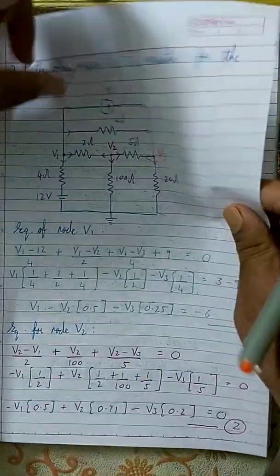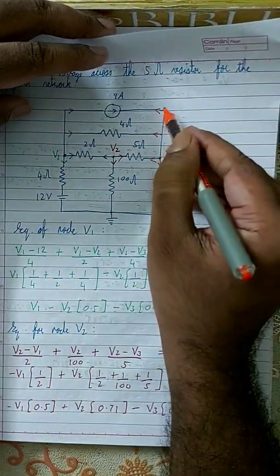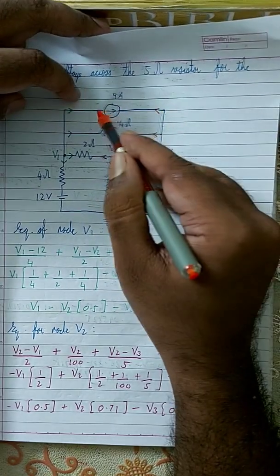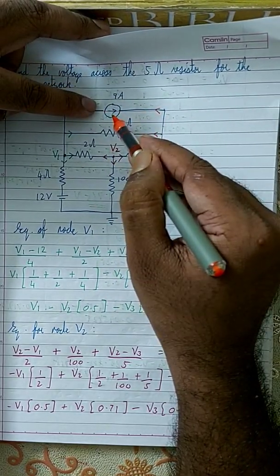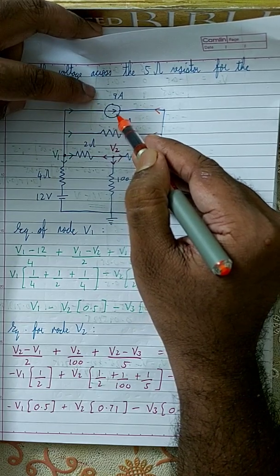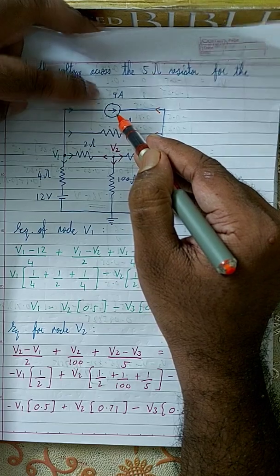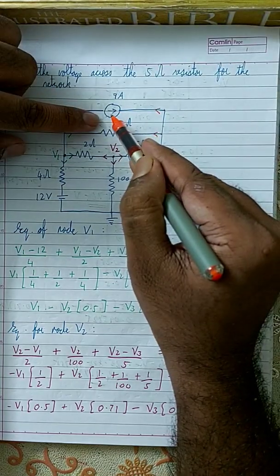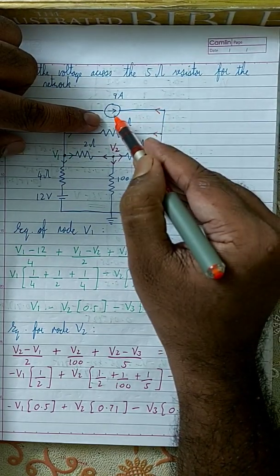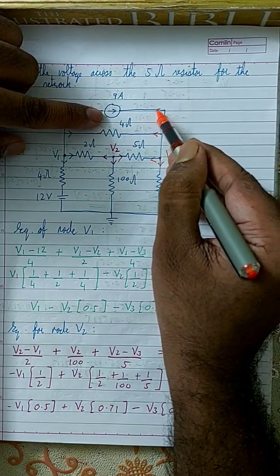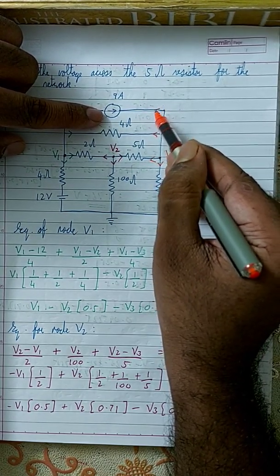And then last is over here. In this branch it's not a resistor, this is the current source, which means the current is already mentioned, 9 amperes. Is it plus 9 or minus 9? It is minus 9. The reason is that this current is incoming, not outgoing. This is the current that you have assumed.